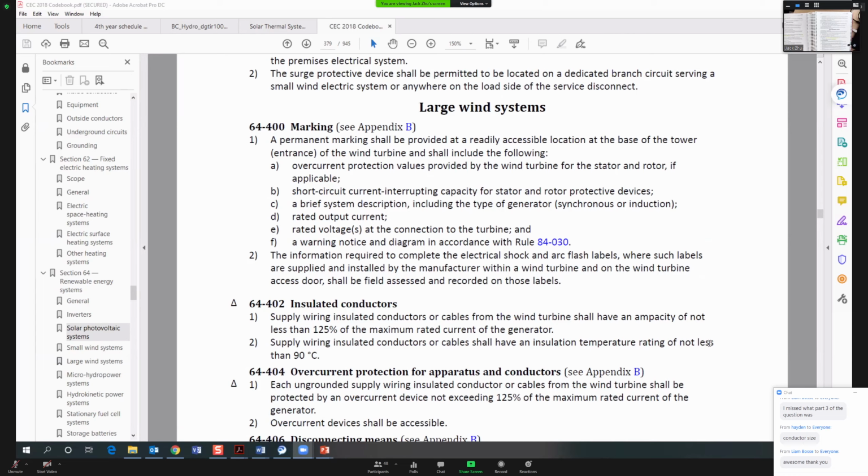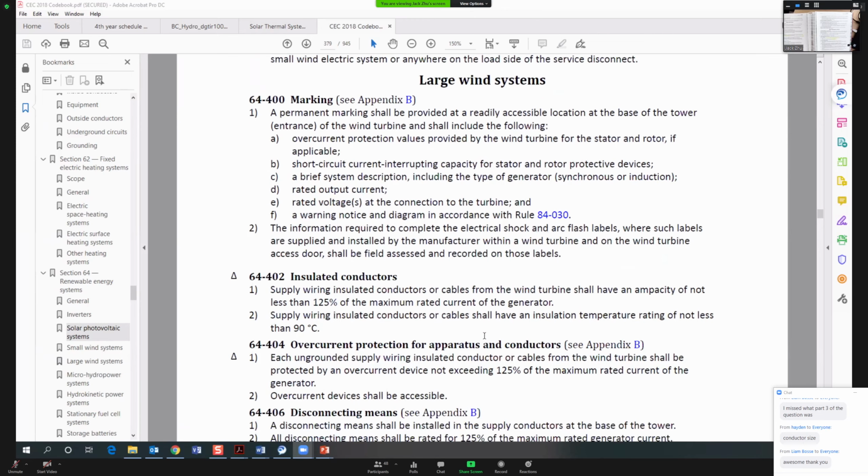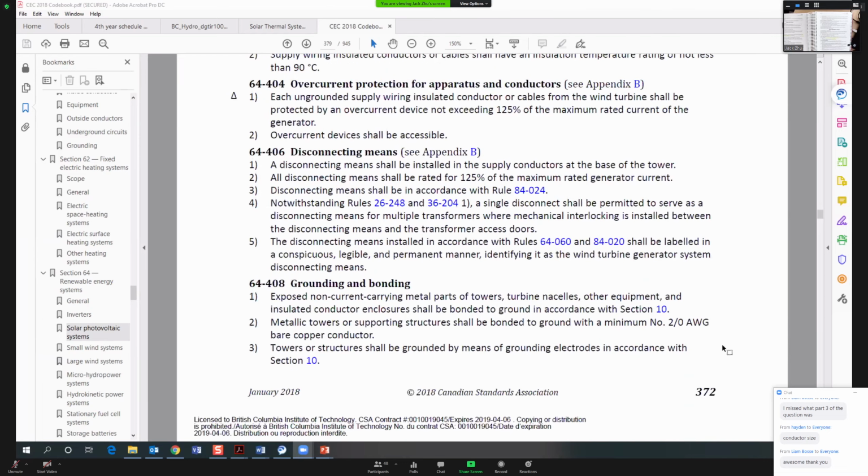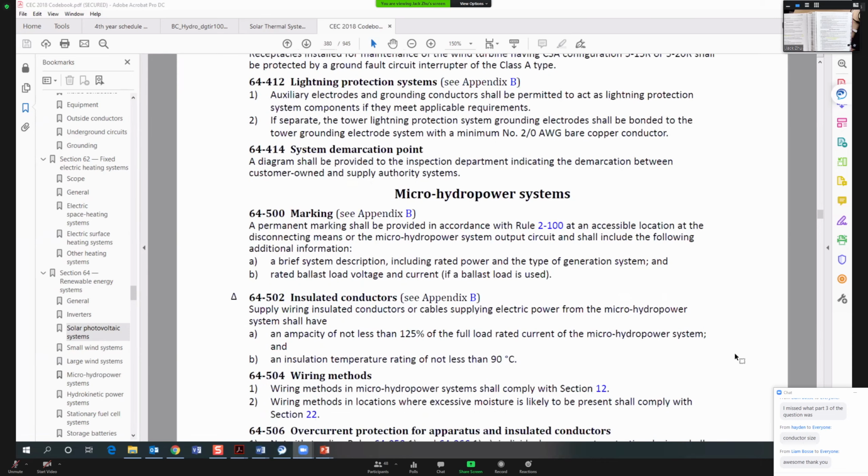Insulation temperature rating not less than 90 degrees. That's a very common requirement for any type of generator. Same thing for micro hydro. Ampacity not less than 125%. Insulation temperature not less than 90 degrees.